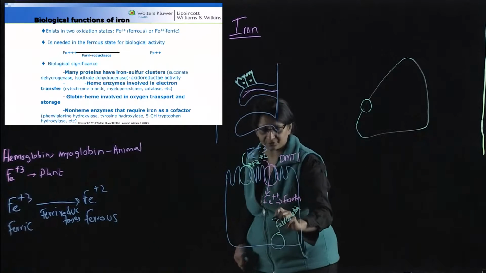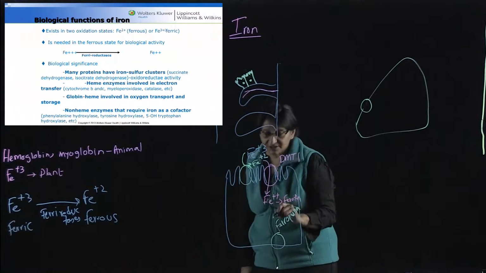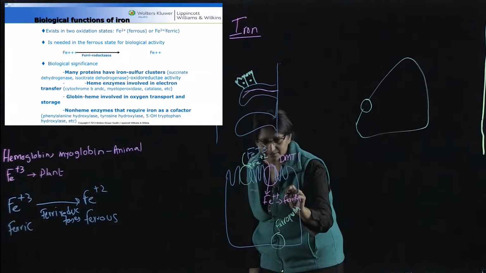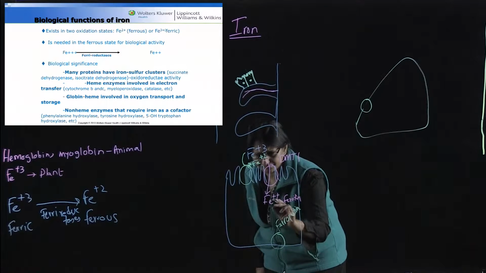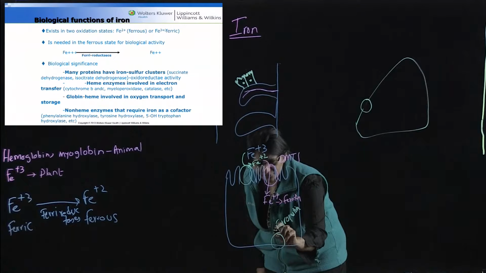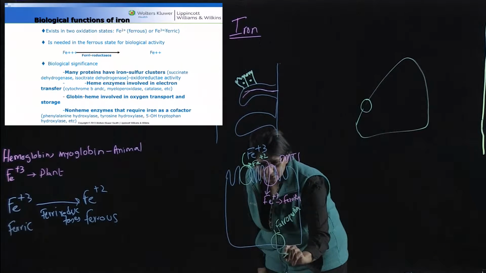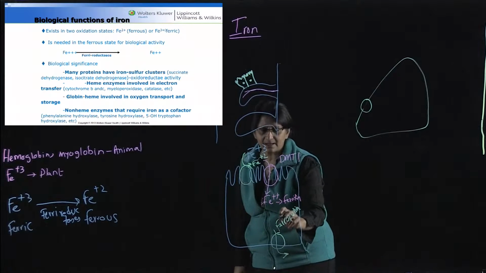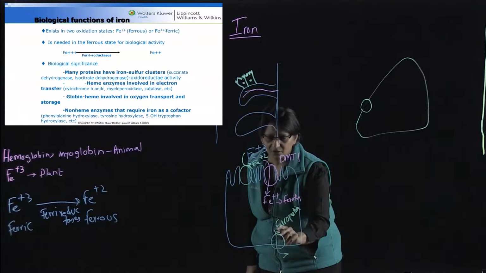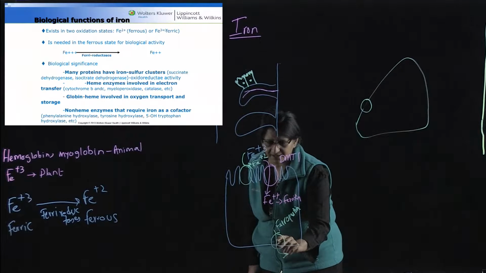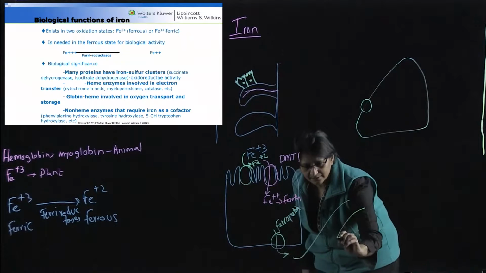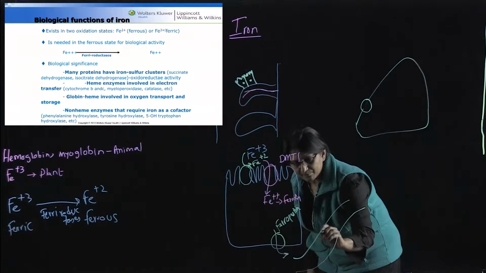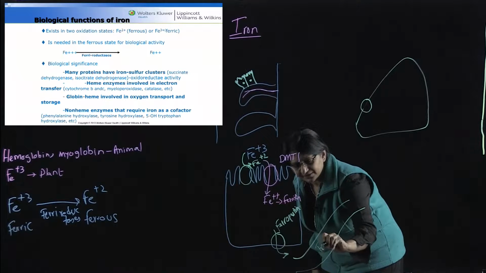Through ferroportin, we take the iron and put it out here, and essentially the iron crosses ferroportin and ends up in the circulation bound to transferrin.